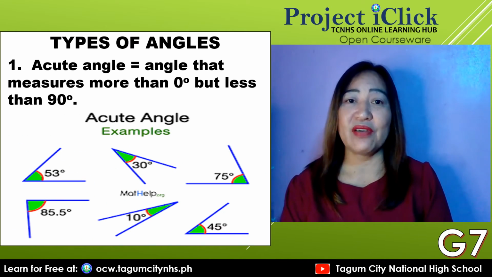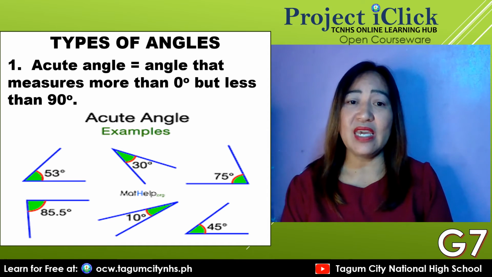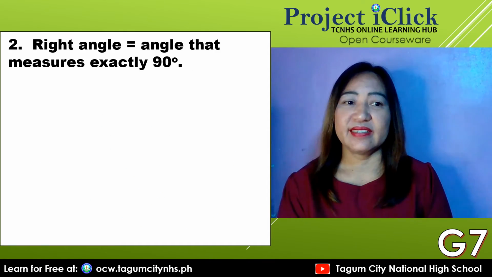Here are examples of acute angles: 50 degrees, 30 degrees, 75 degrees, 85.5 degrees, 10 degrees, and 45 degrees. All of these angles measure more than 0 degrees but less than 90 degrees.